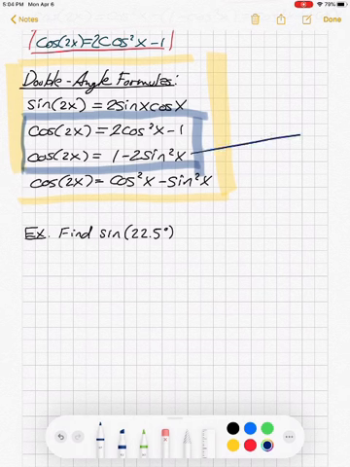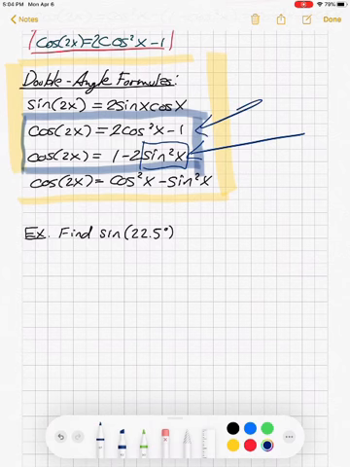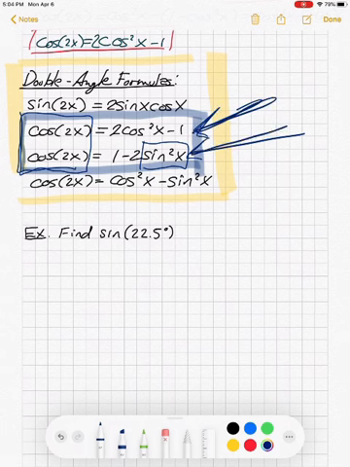Well, it's going to be this one, because what I'm looking for is this quantity. You see with these two formulas, the left side is always cosine. What determines which formula I'm going to use is on the right side, whether I'm looking for sine or cosine.